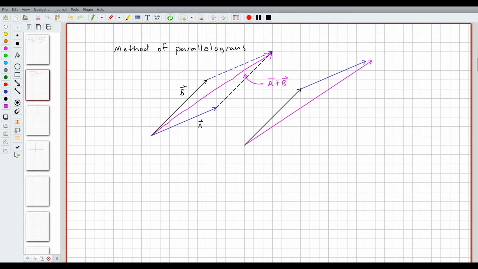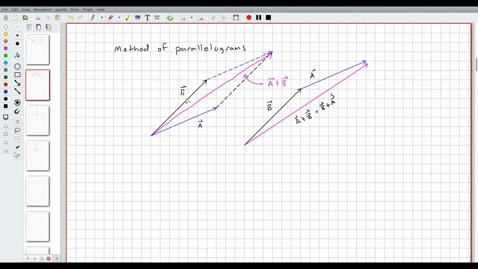Oh, it's so close. Let's pretend those tips lie right on top of each other. So right here, this would be B. This would be A. And this would be A plus B, or B plus A. I want to prove that to you here in a little bit.